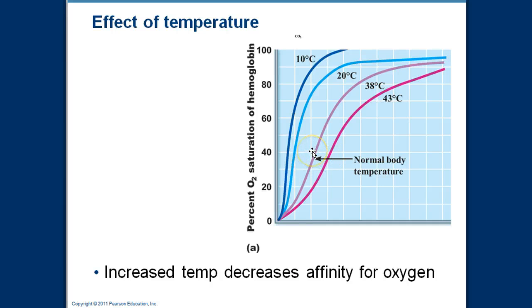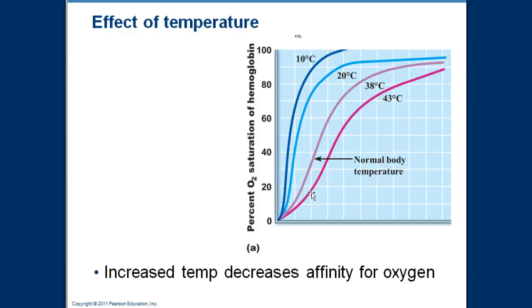So if you just pick, and again, I should say that we've got the same graph. It's supposed to be partial pressure of oxygen on the bottom and saturation state at the top. If you just pick one spot on the x-axis at any given partial pressure of oxygen, as the tissue warms, as you go from 10 degrees to 20 degrees all the way up to 43 degrees, that change in temperature causes the release of all that oxygen.